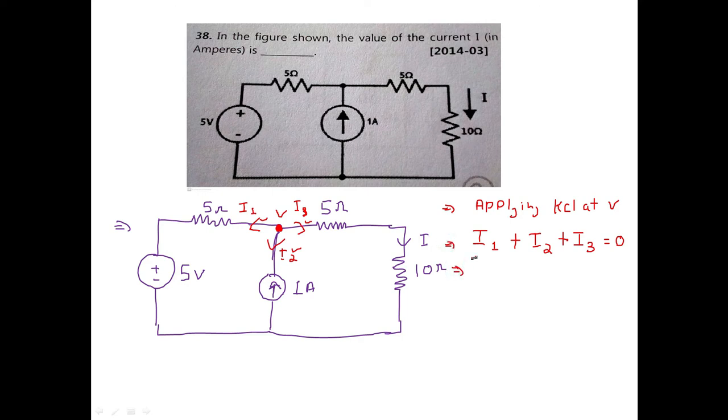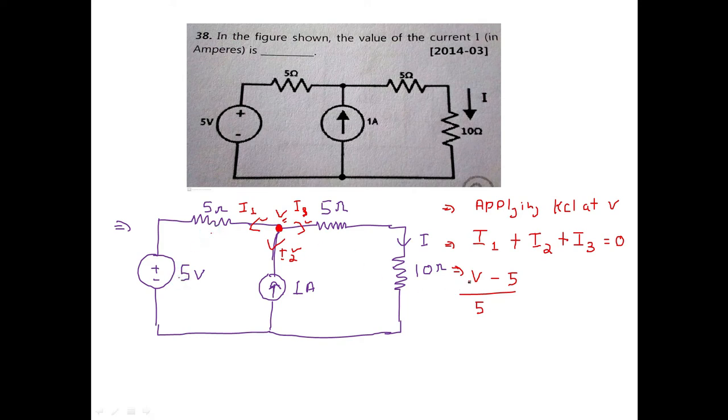Now next is I1. How will we find I1? V is equal to IR, so I is equal to V by R. Now I1 is equal to V by R. So V this one and R this one. So we get V minus 5 upon 5: higher voltage minus lower voltage upon resistance.